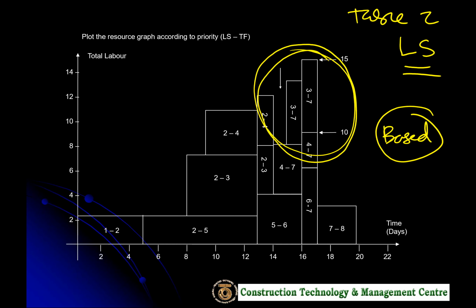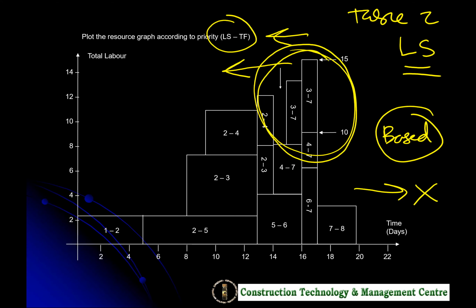What we can do is adjust this by moving it into this portion here. Why? Because this is the late start. With late start, you cannot move the graph to the right anymore because we already utilized the total float. We can only move to the left. But if you are using the early start, you can move some of the graph to the right.